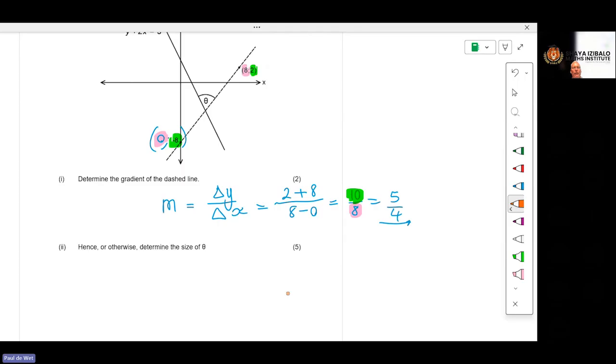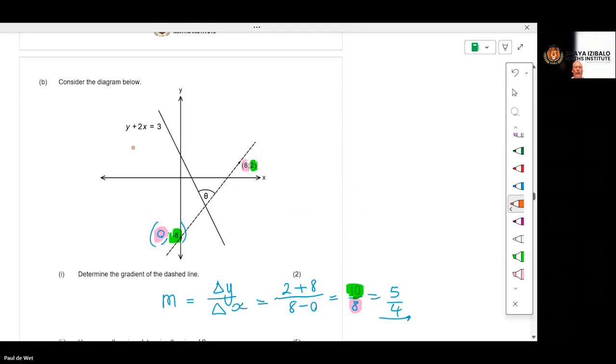Sorry, y plus? Okay, y equals negative 2x plus 3. So you're putting the straight line into its standard form, yeah? This line has got a gradient of negative 2, yeah?